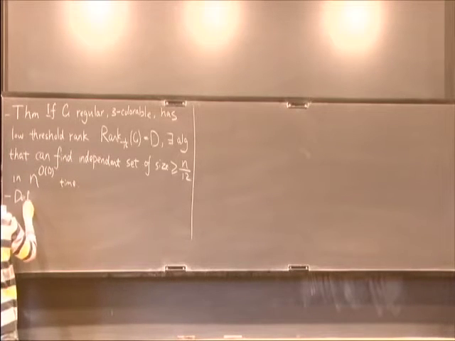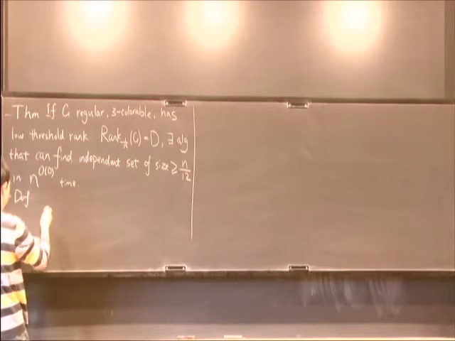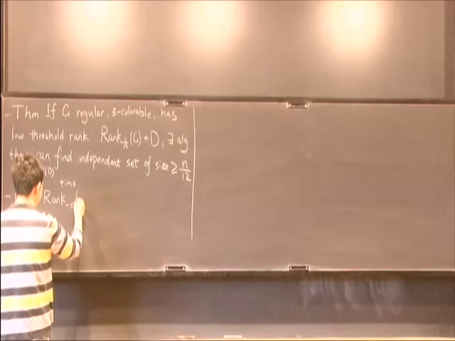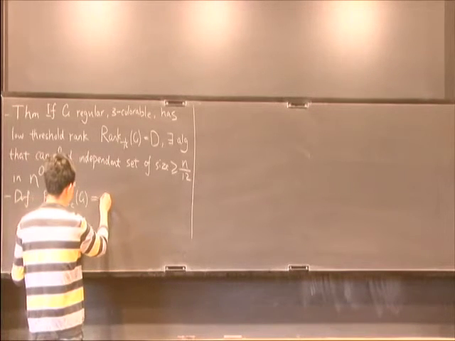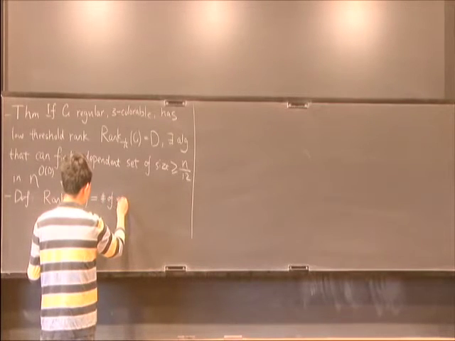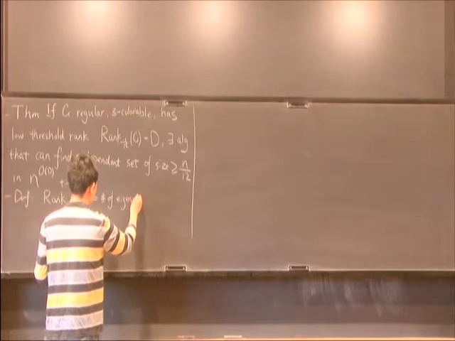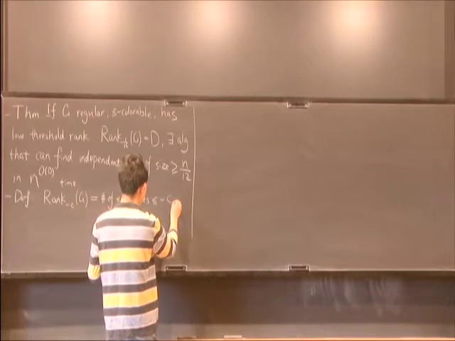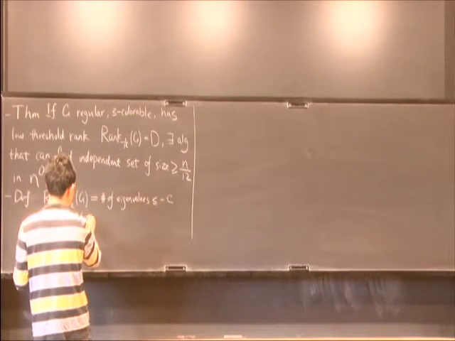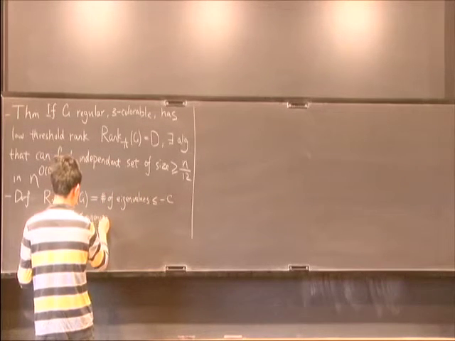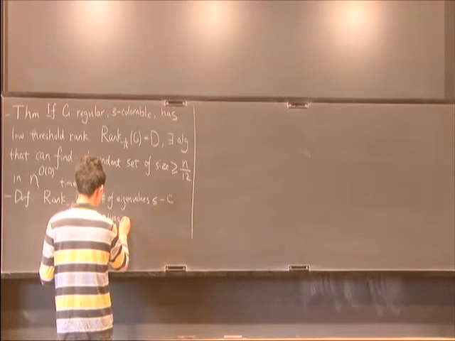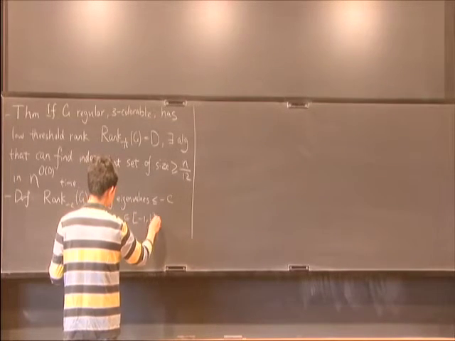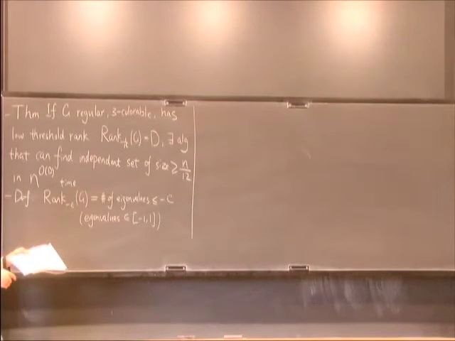So the definition of threshold rank: the rank minus C of G is defined to be the number of eigenvalues that are smaller than minus C, where eigenvalues are in the range -1 to 1. They are eigenvalues of the normalized adjacency matrix.